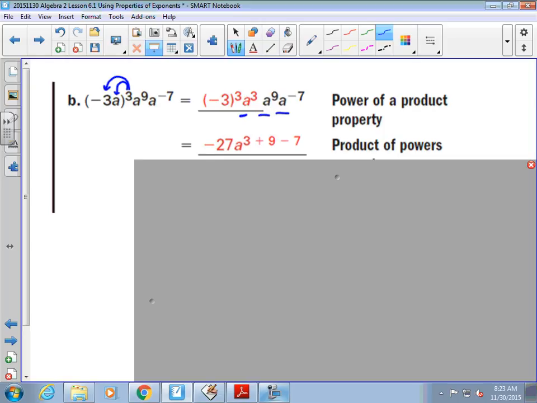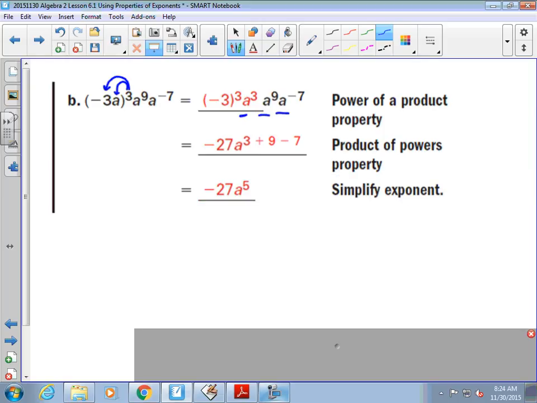So don't let this confuse you with dividing and subtracting the numbers. We are not subtracting 7 because we're dividing. We're adding a negative 7, which is the same thing as subtracting. So 3 plus 9 is 12, minus 7 is going to be 5. So we have negative 27a to the 5th power. And there's nothing else we can do with that problem because we don't know a value of the variable a.